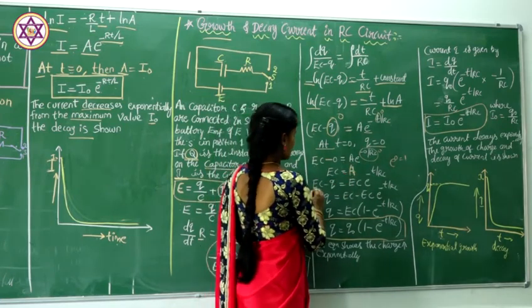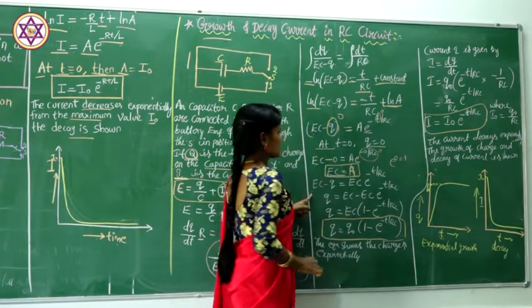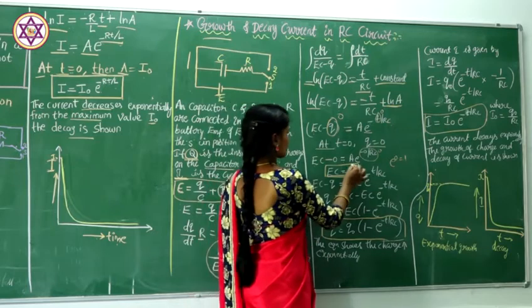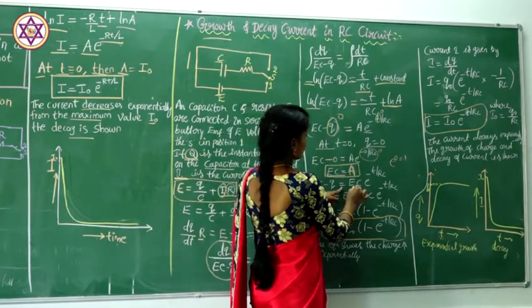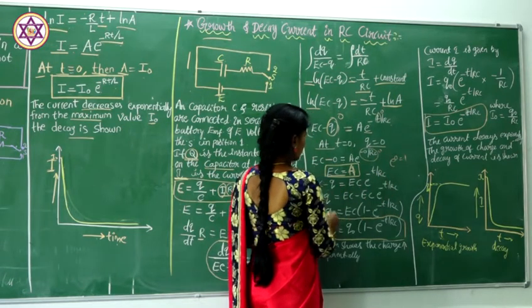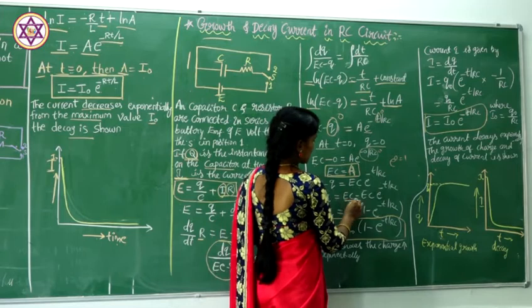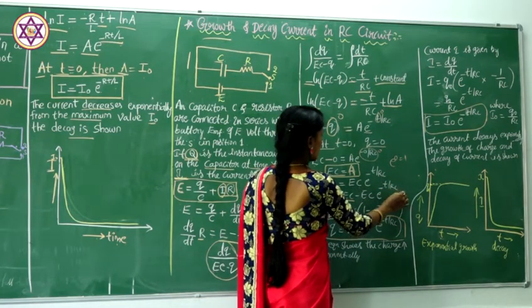Next, substitute the value of A. So, EC minus q equals EC times e to the power of minus t by RC. So, q equals EC minus EC times e to the power of minus t by RC.